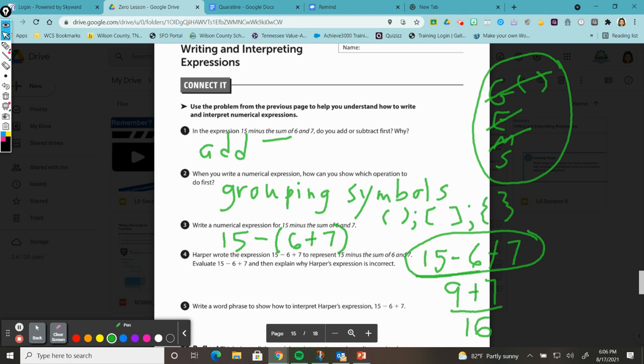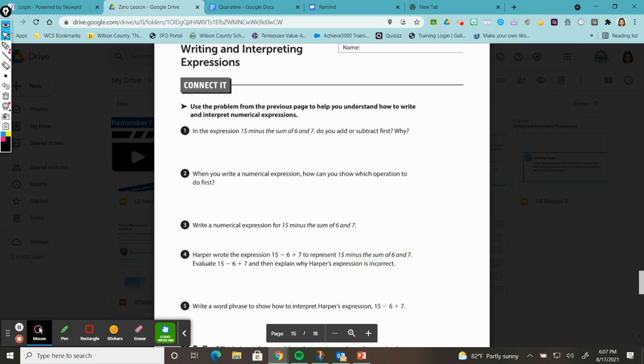Hopefully we see that just like before, when we were talking about how this is 15 minus the sum, because we want 15 minus the sum, we need to group the 6 and 7 together and do that first with our grouping symbol. So that is why that is incorrect.